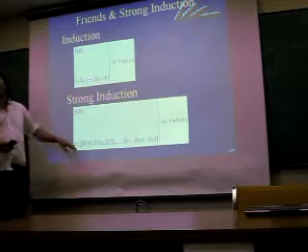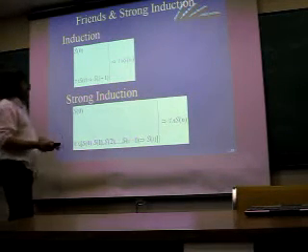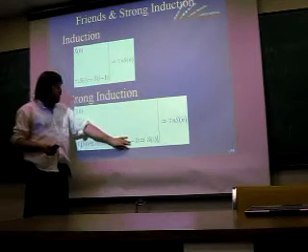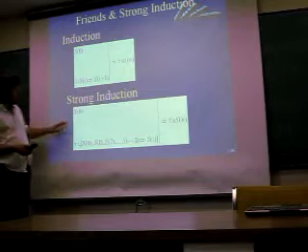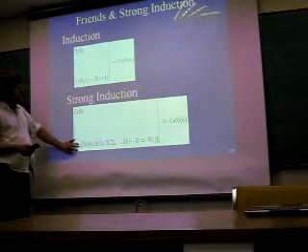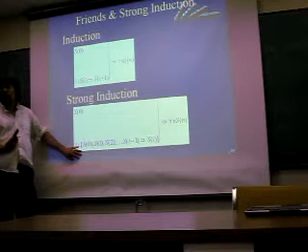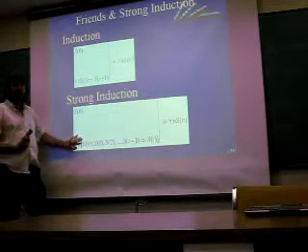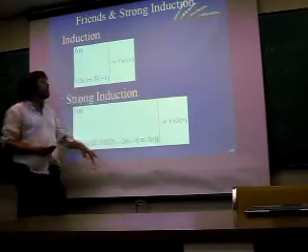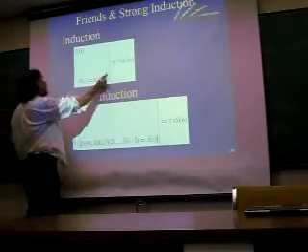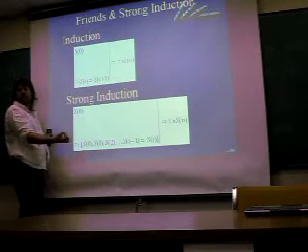it's actually easier to prove things by strong induction. Right? Because you prove the base case, and then for every I, you assume that it's true for every I smaller than your I. And from that, you prove that it's true for your I. So the reason it's easier: here, you have to prove that it's true for I plus 1, and you only know that the immediate previous is true.